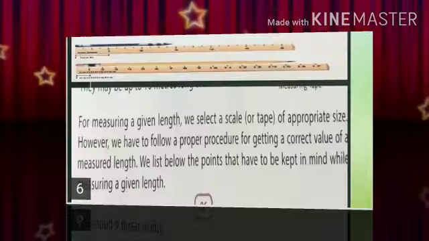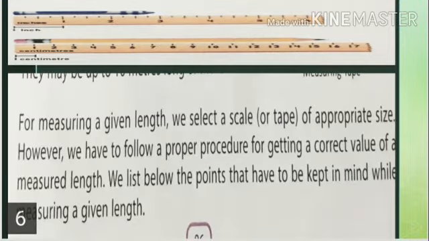Now, let's discuss the procedure for how we can take the measurement of a given length appropriately. Though it came to your knowledge during your first or second class how you can take a correct value of measurement of a given line segment or the length of any object or place.